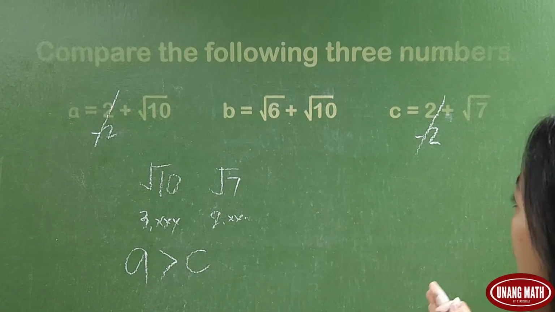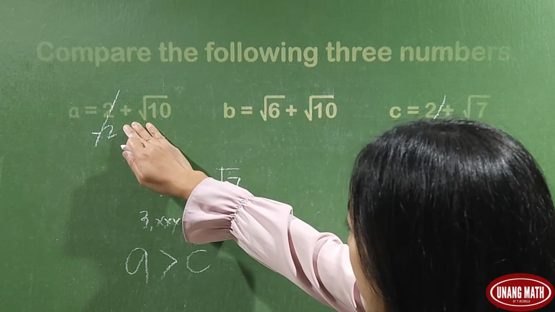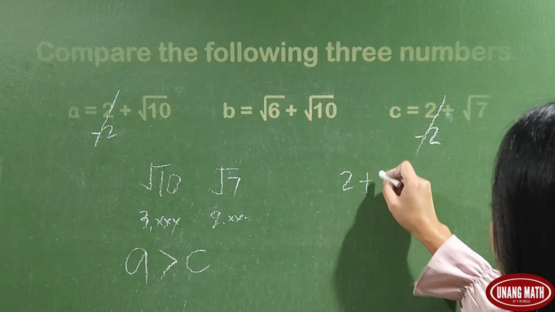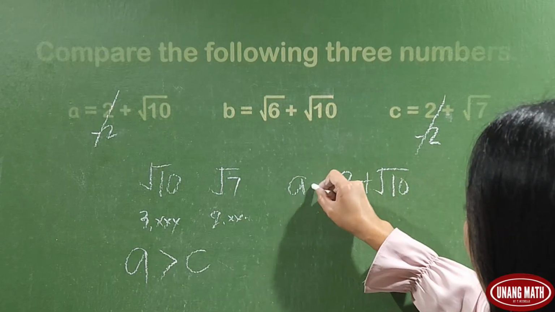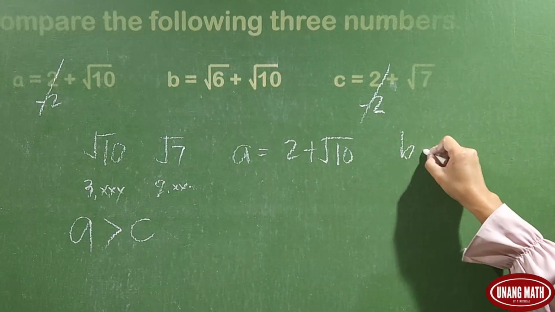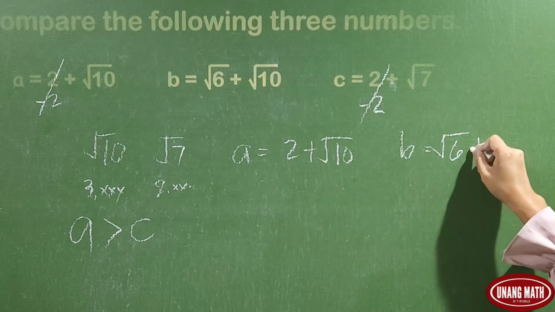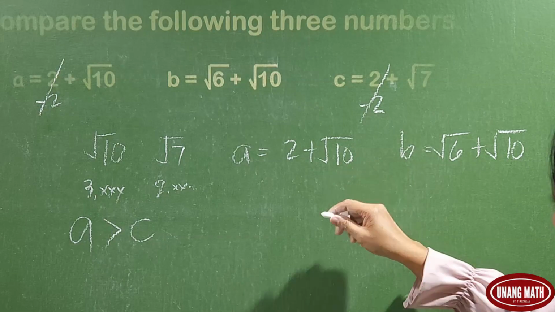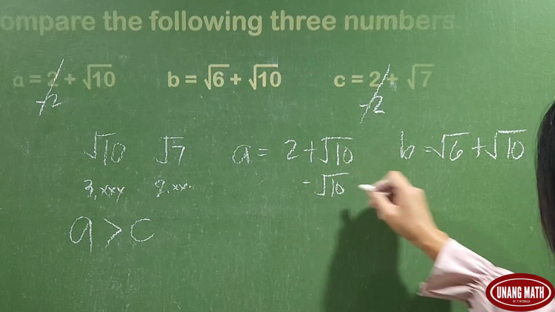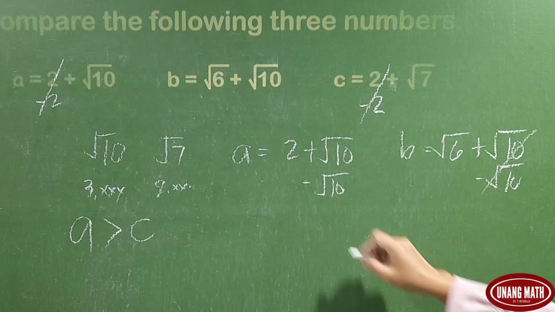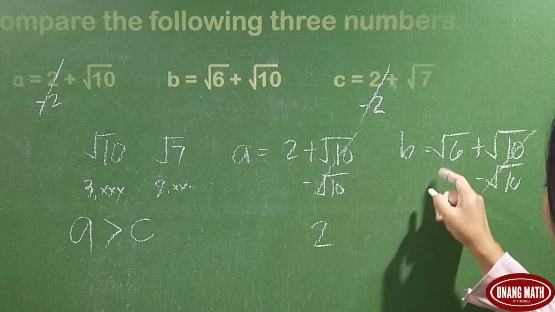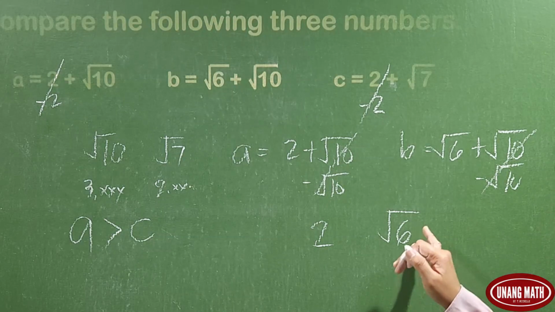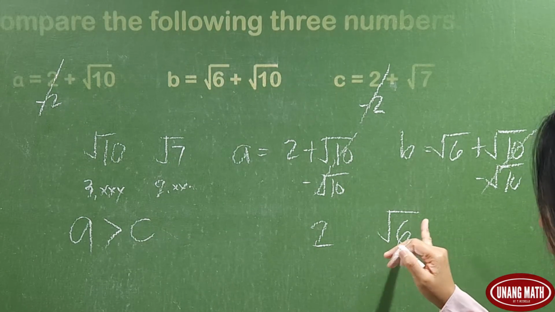Okay, now, how about comparing A and B? So this is A, 2 plus the square root of 10. B is the square root of 6 plus the square root of 10. Using the properties of inequality, we subtract the square root of 10 from both. Now we have 2 and the square root of 6. Let's estimate the square root of 6.